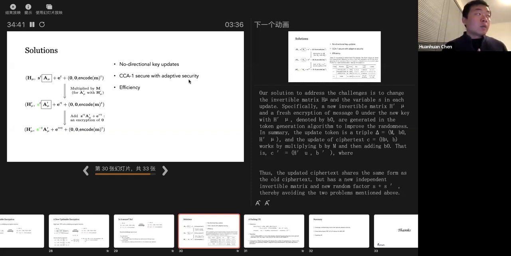In the proof we use the firewall techniques, and more details can be seen in the paper.